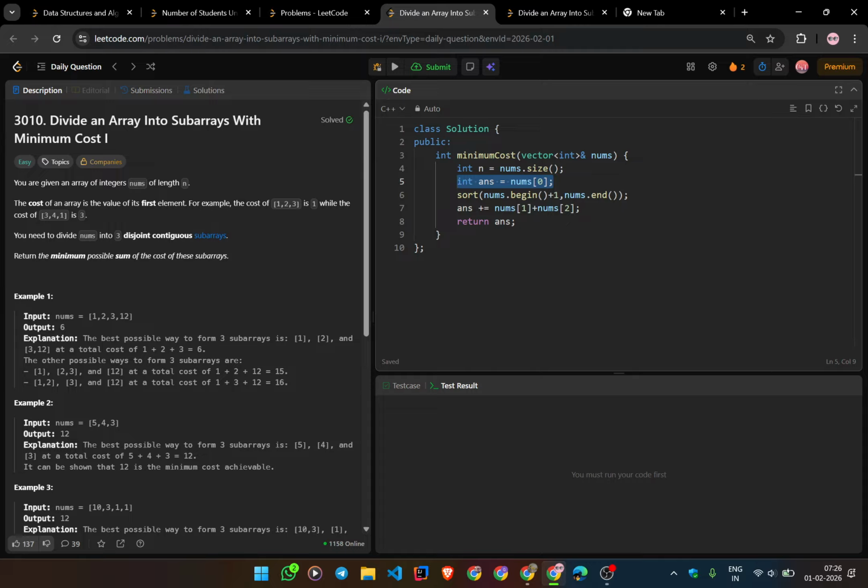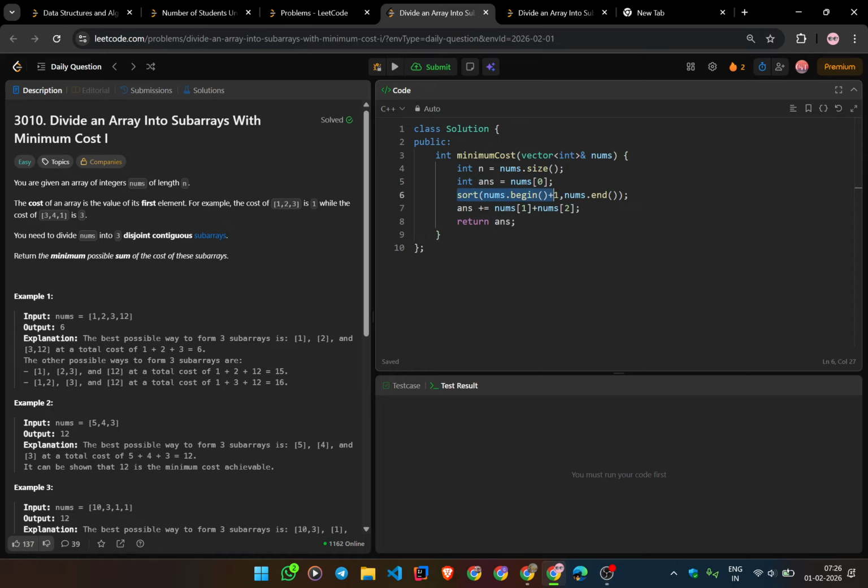We can make a subarray of any length, but we have to take the first element of that subarray for the cost. That's why we have initialized it with this.